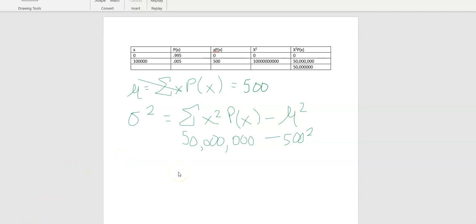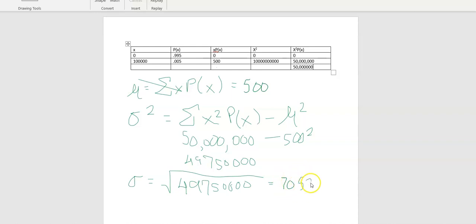And that gives us 49 million $750,000. And now we take the square root of that, and that gives us a standard deviation of $7,053.37.